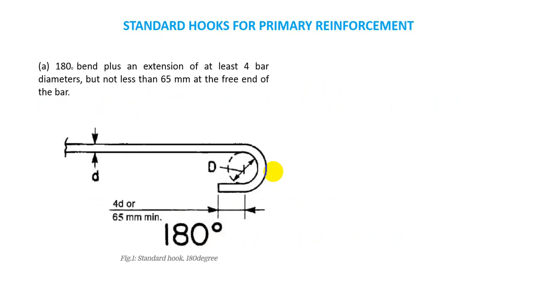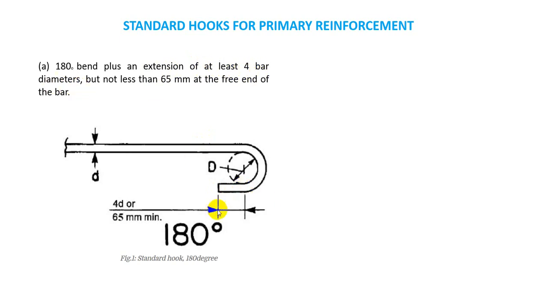So first of all, a 180-degree bend plus an extension of at least 4 bar diameters. Here the bend should be, if you see here, 180 degree, and an extension of at least 4 bar diameter.